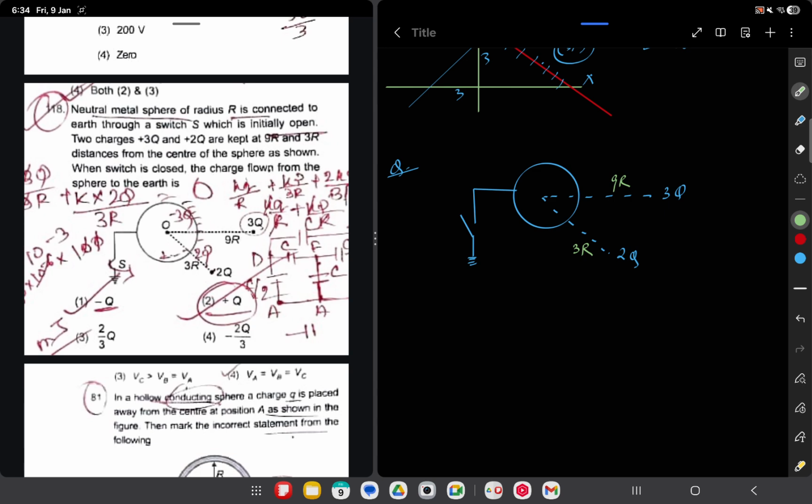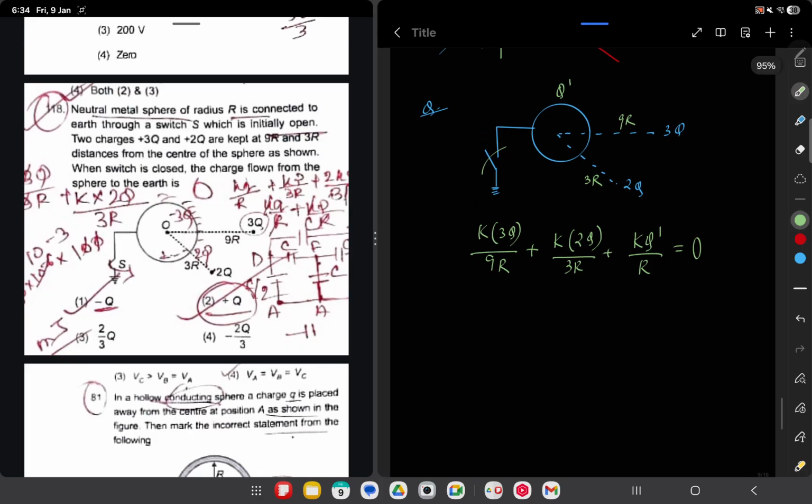Let's assume initially there was no charge, the sphere was neutral. Whenever you connect it, let the charge be q dash. So for the potential on the sphere, you can easily write k into 3q by 9r, because that is the potential due to the 3q charge at this point, plus k into 2q by 3r due to the 2q charge, and the potential due to q dash is kq dash by r.